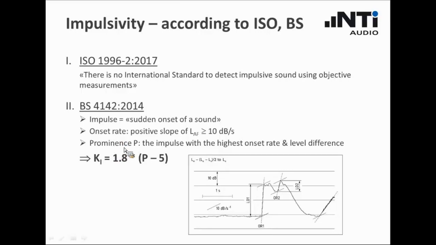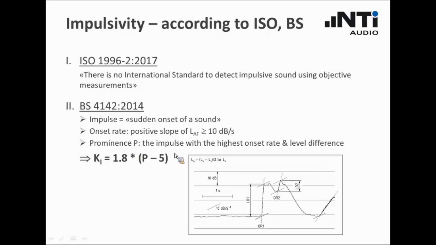So here you can see the so-called onset of a sound plays a major role. The onset is important regarding the positive slope, which must be very steep, must be higher than 10 dB per second. The prominence plays a role. So again, it's a little bit complex calculation which we don't have to fully understand.